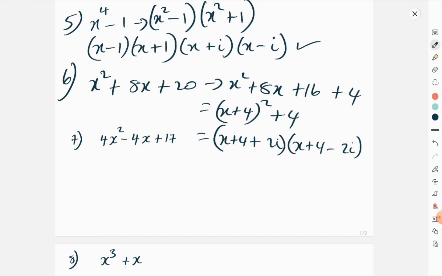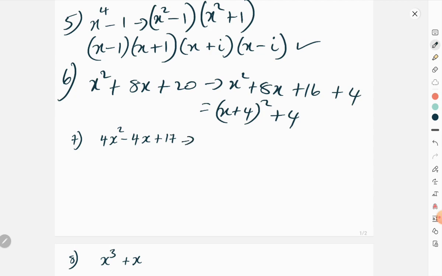Number 7 is a bit different, because now the coefficient of x squared is not 1 as we normally have it, and it was very simple to deal with that one. Now let's get into this one. How do we go about solving number 7? So let me just wrap this one so that we can have enough space for this question, because it seems to be very challenging.